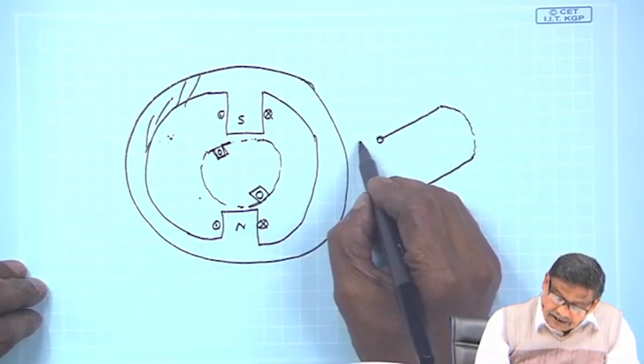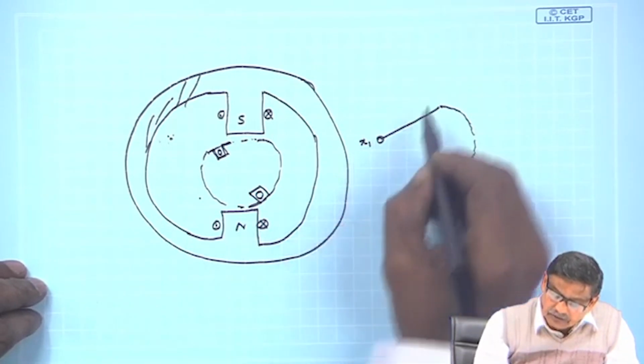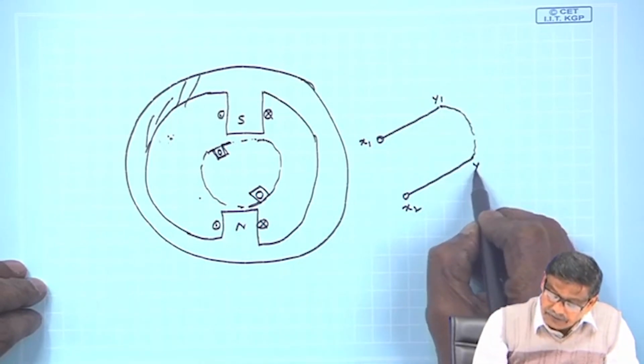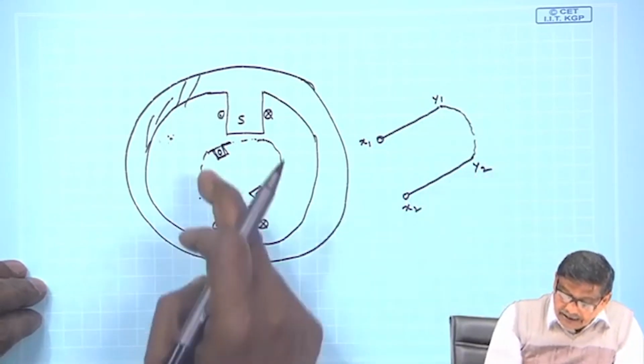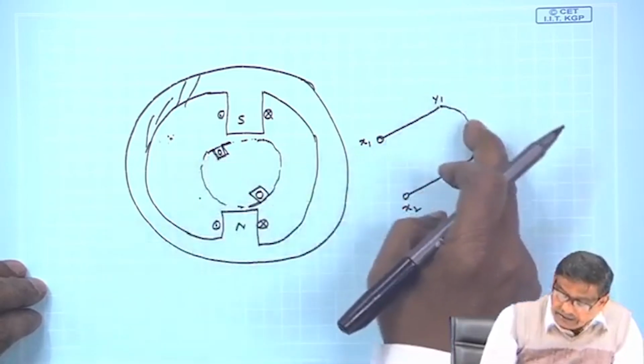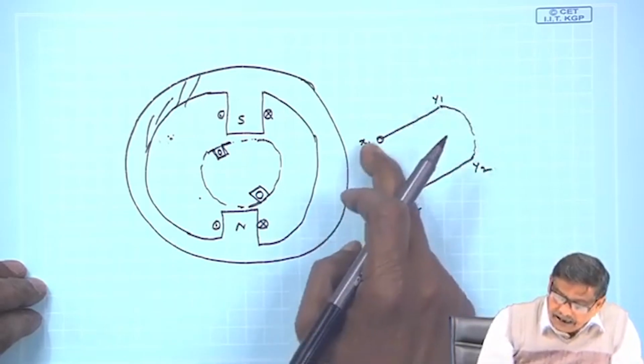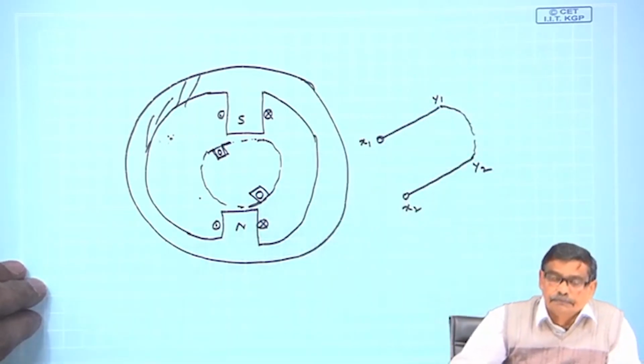It was like I was telling that this is say x1 y1 and this is x2 y2. And then these two conductors, if you join at the back in this fashion, then I can call this a coil.